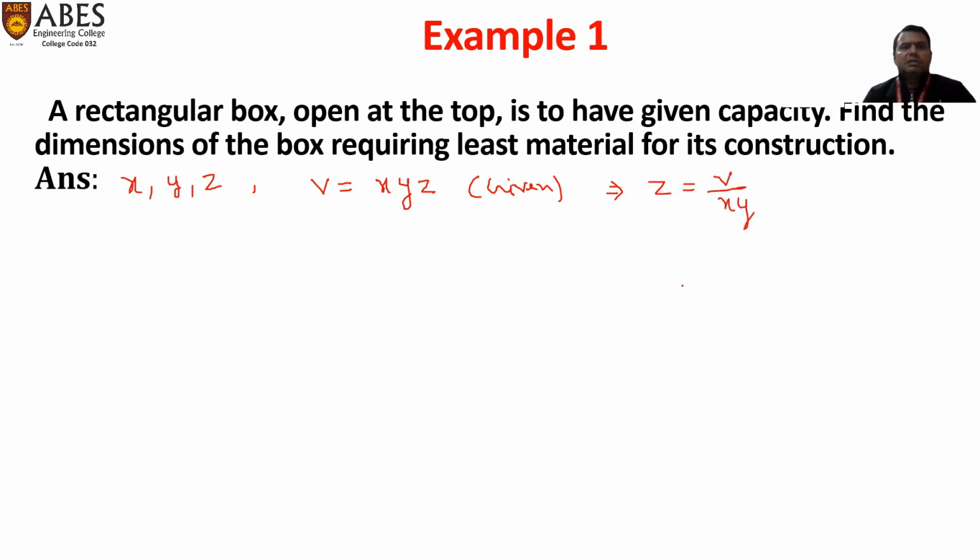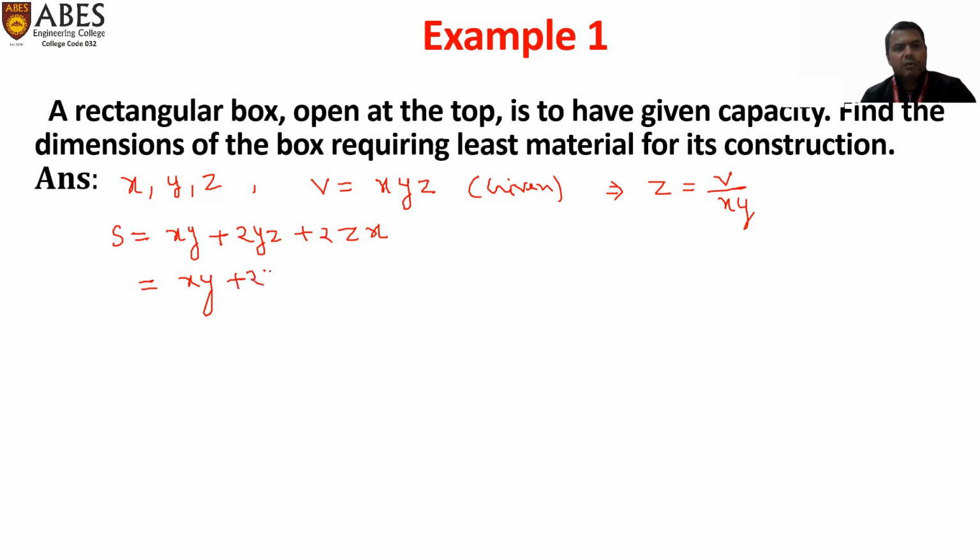Now we find the dimensions of the box requiring the least material. If we minimize the surface area, then the dimensions become least, and so the least material will be required for its construction. Since the box is open, we take the surface area as xy plus 2yz plus 2zx. Now we change it to two variables x and y.